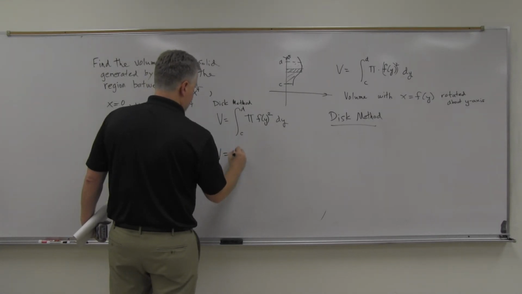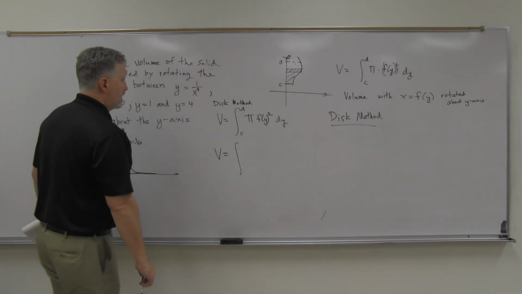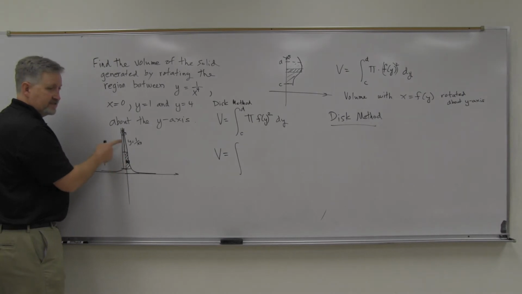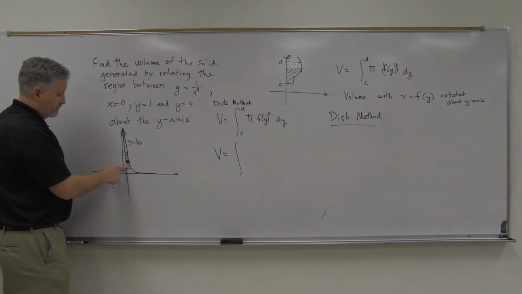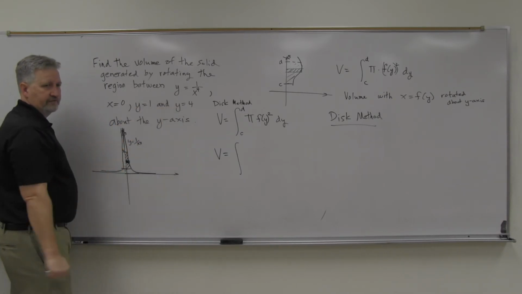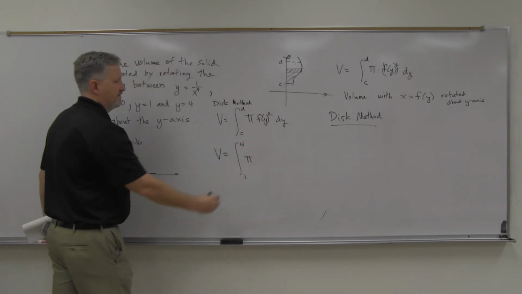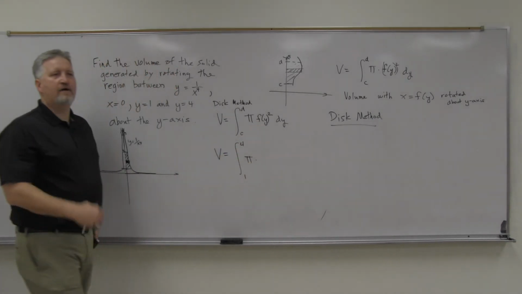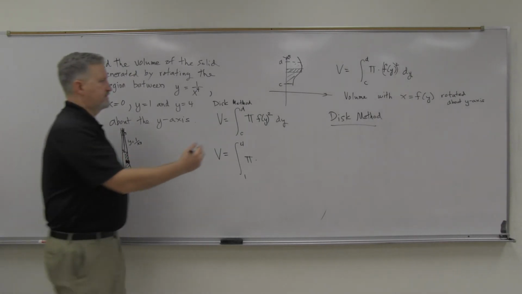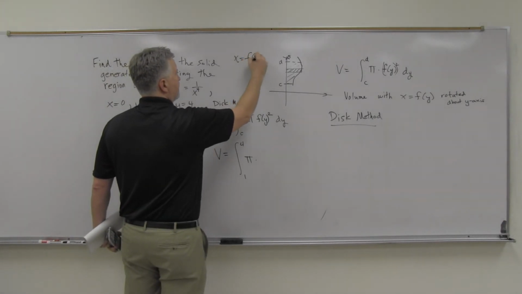Now, a couple of issues here. Good news is, I've got my c to d because those are the y values I'd go between, so it's 1 to 4, isn't it? I didn't put the labels on there, but it's y equals 1 to y equals 4. The issue here is I need this function of y, which is an x equals equation, right?